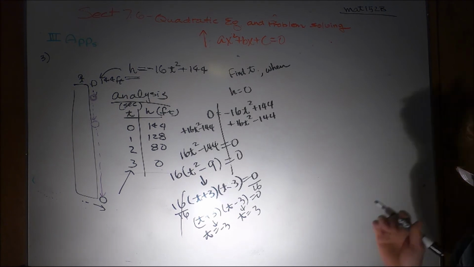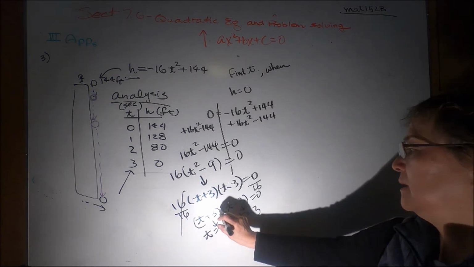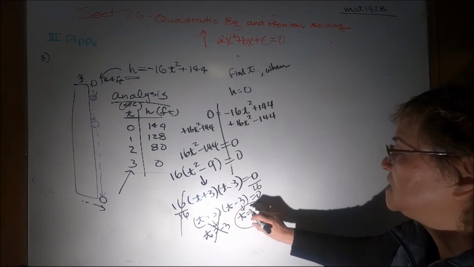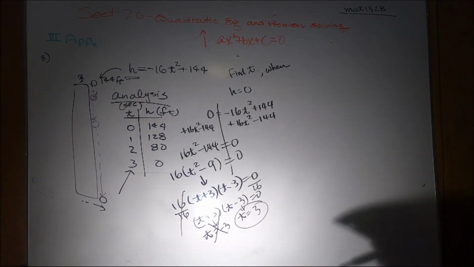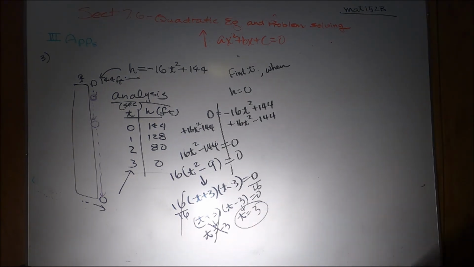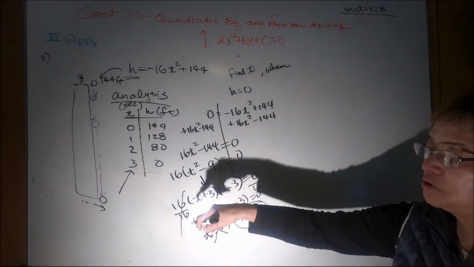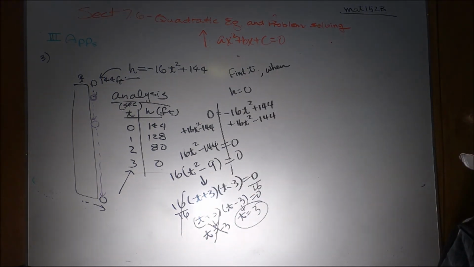Can we go back in time? Not really. So t is 3. So to answer the question, it means what? After 3 seconds, the water balloon will hit the ground. Got the idea?